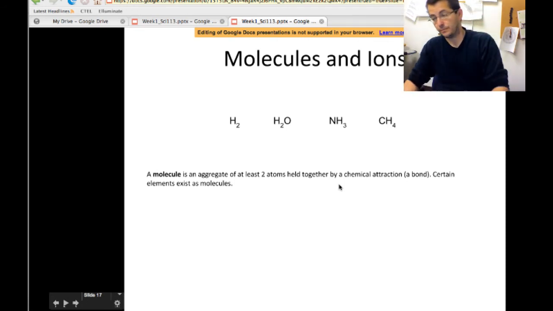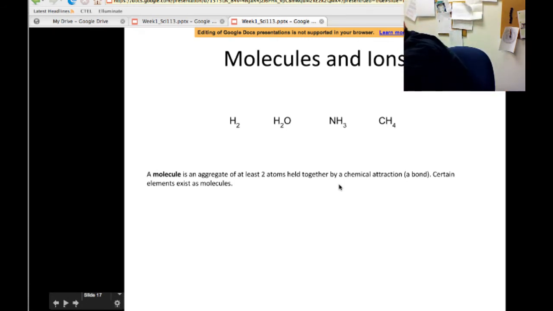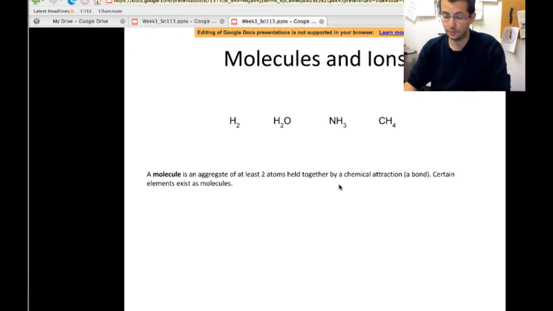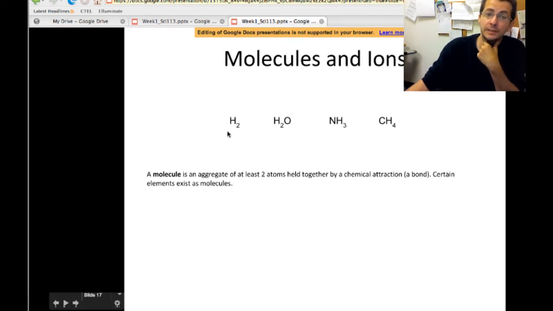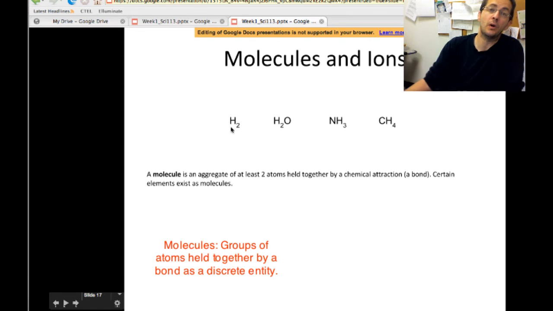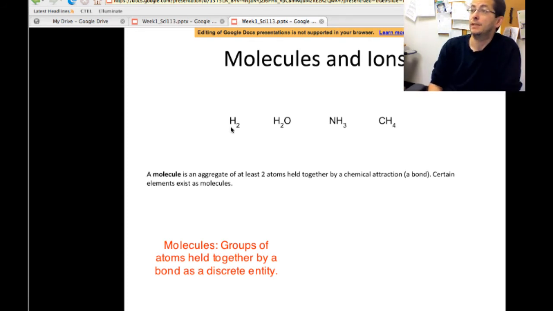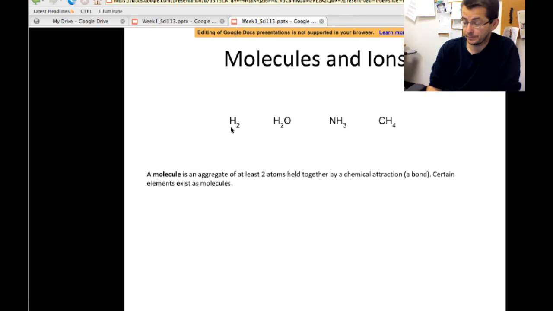Now, it turns out that compounds can be held together in many different ways. Compounds can exist as what we call molecules, groups of atoms held together by some sort of behavior that we call a bond, at least 2 atoms held together.